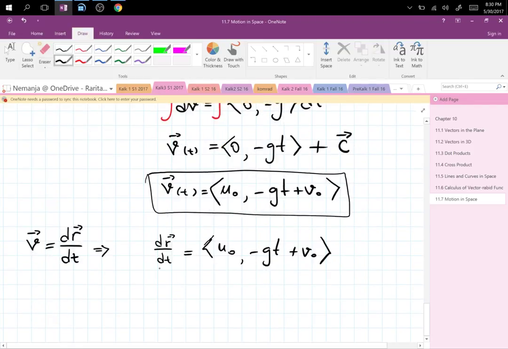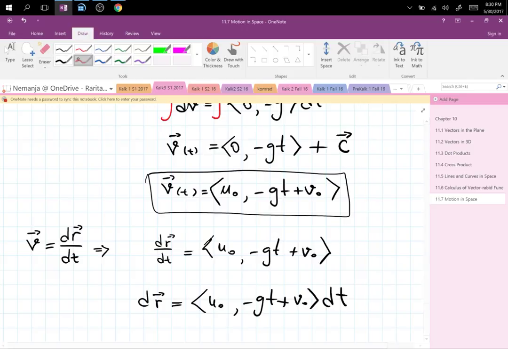And now we do the separation of variables. So dr is equal to u0, negative gt plus v0 dt, and we hit that with the integral on both sides.